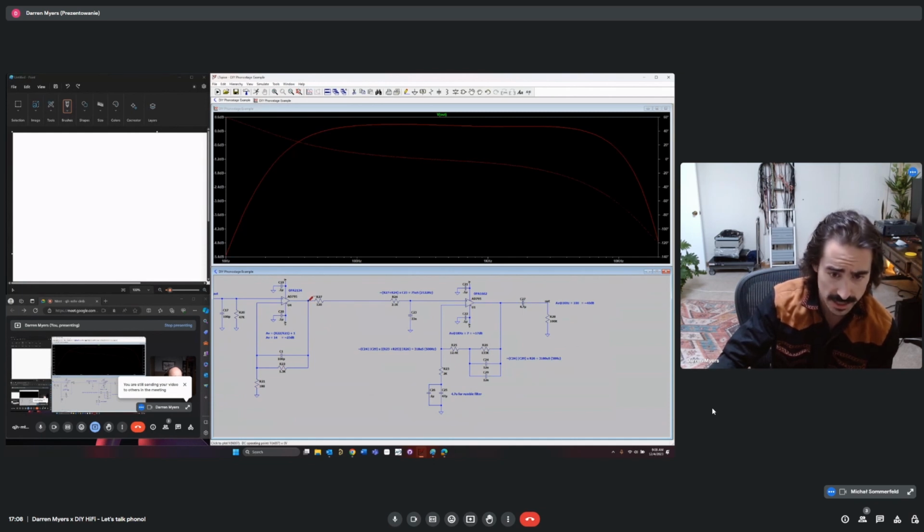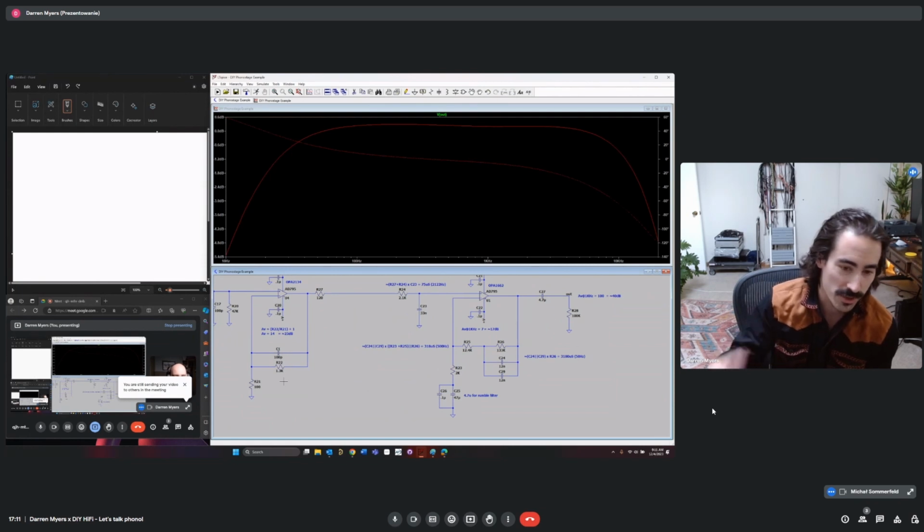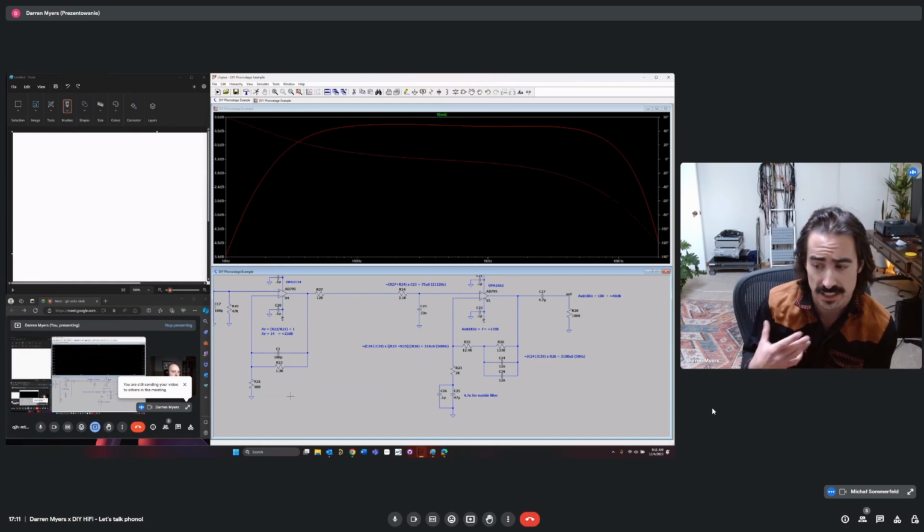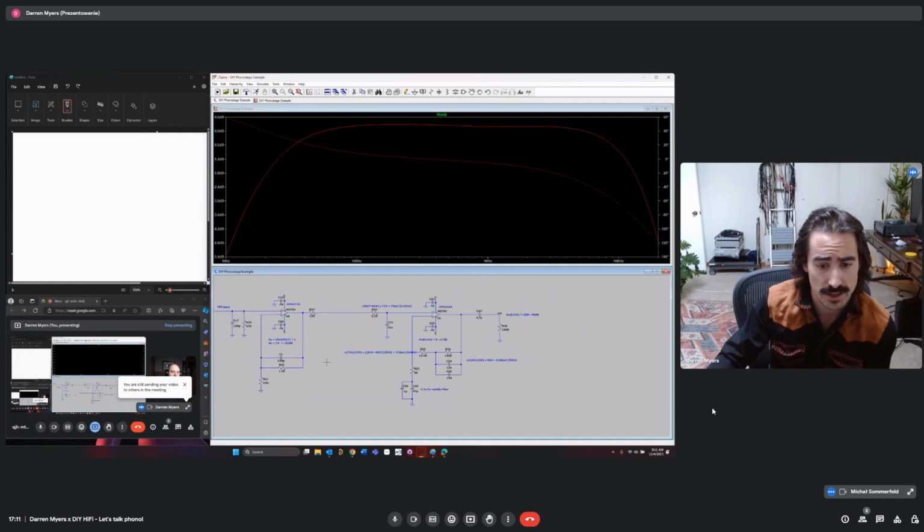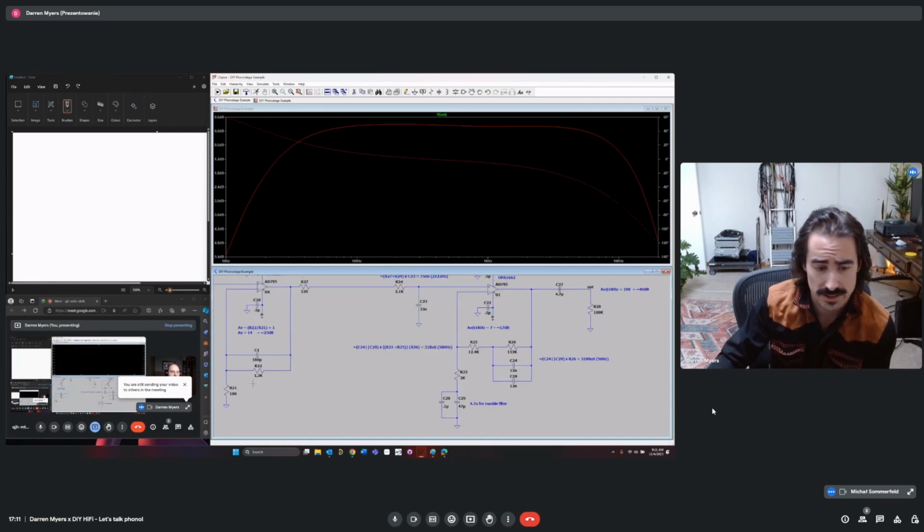So it's seeing a load that looks like this going down, because it's trying to get to ground. Simply put, we do not want to make it 130 ohms because the amplifier would start to perform very poorly. You would get a lot of crossover distortion in the output stage. It's just not designed for that. So that's why we pick those values.